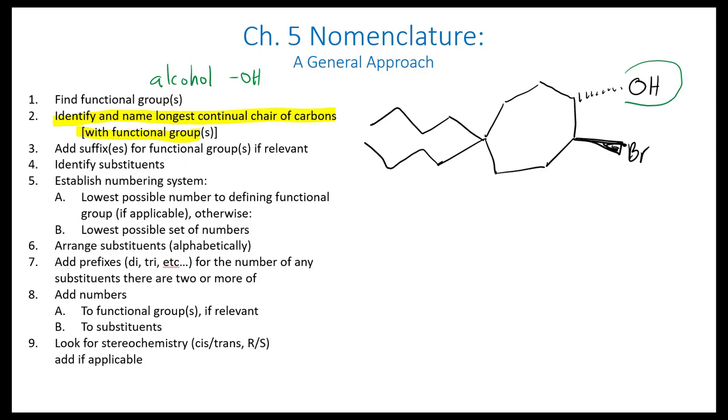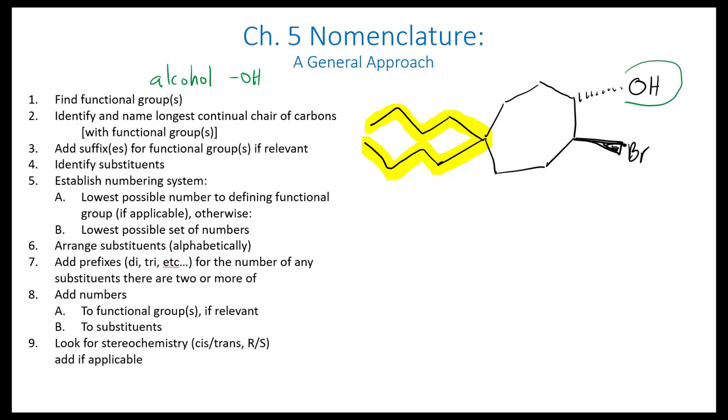Now it's worth noting at this stage that we could count 1, 2, 3, 4, 5, 6, 7, 8, 9, and that's tempting. But we don't want to do that for 2 reasons. First, it doesn't include the alcohol.